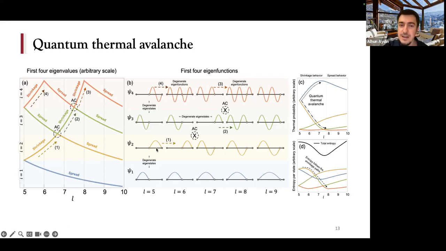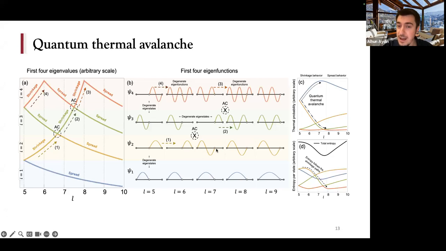Initially, we have degeneracy at this center configuration, between the ground state and the first excited state. In this case, they're the same states. And once you start to move this boundary to the right, you see that the first excited state actually shrinks here.